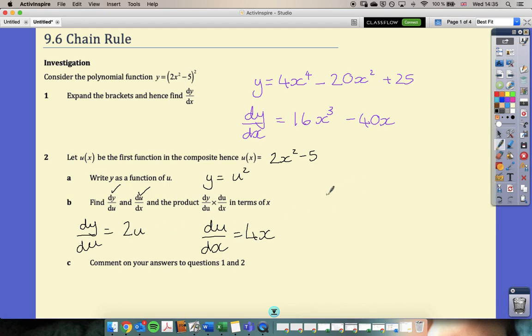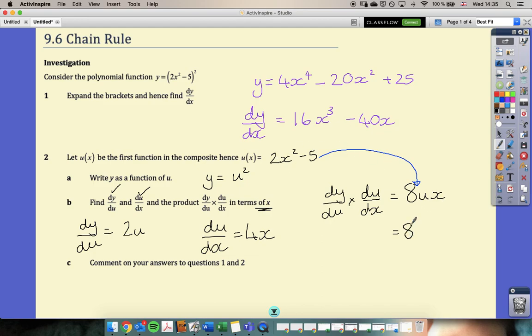Okay, so what happens when we find dy by du times du by dx? Well, I would get 8ux. But it says in terms of x, which means that I shouldn't have any u's in. So what I'll do now is I will substitute this back in there. So I'll do 8 times this times x.